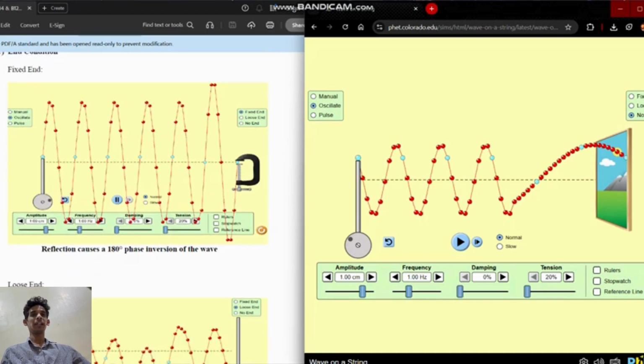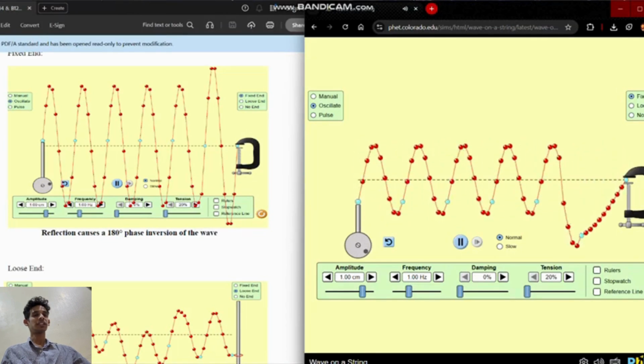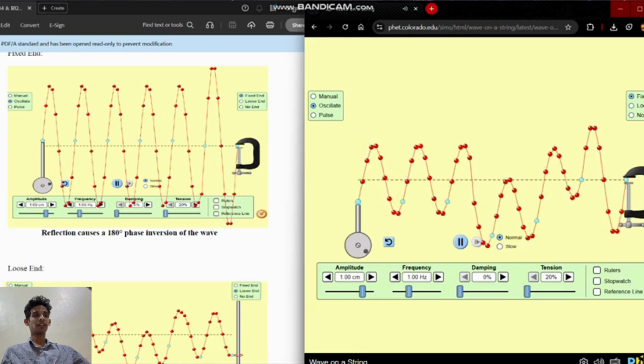There is the end condition. The image you are seeing here is the fixed end. For this one, the reflection causes a 180-degree phase inversion of the wave. There is zero damping, and we change it to the fixed end and run.